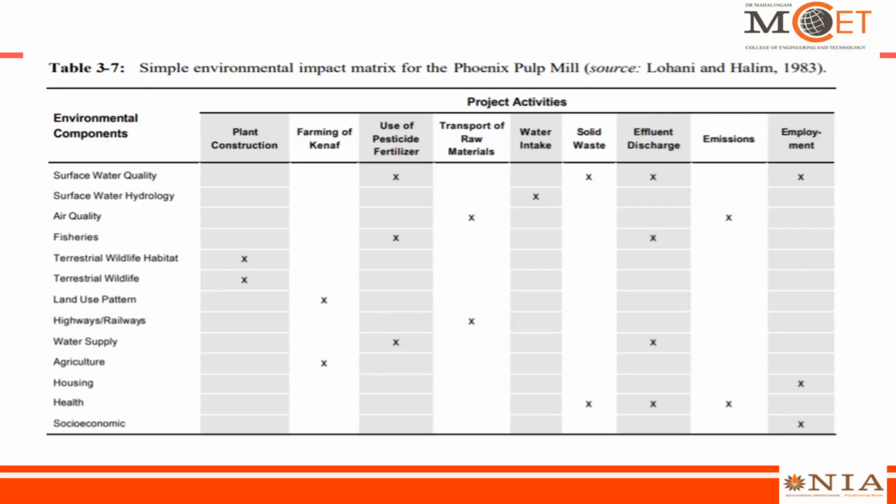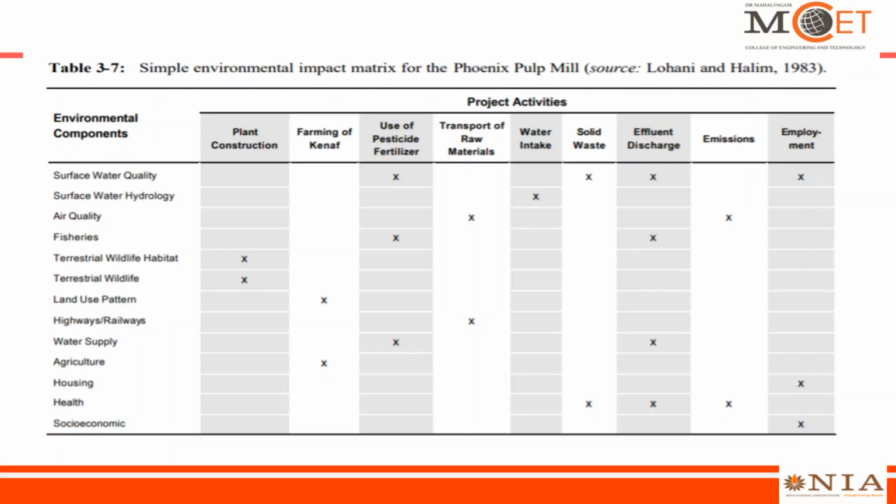So this is an example of the matrix method, right? This is a pulp mill. So similar to what I said, it is like a paper mill. Pulp is what you need to make paper. So it's a similar example to the one I told in the beginning of the session.